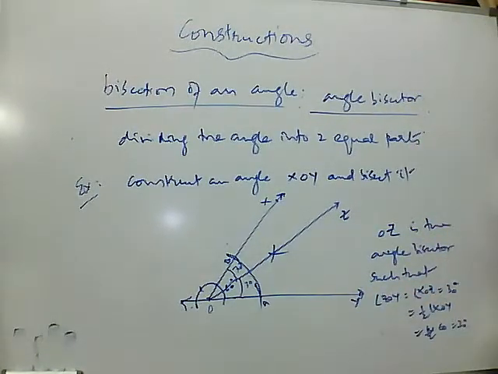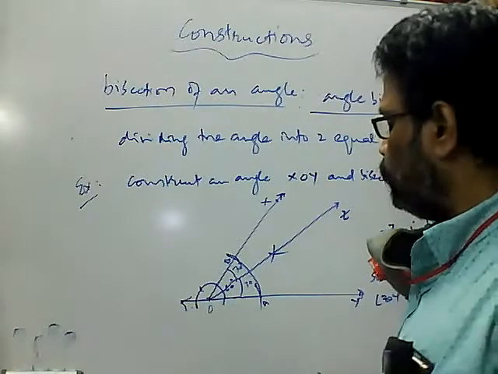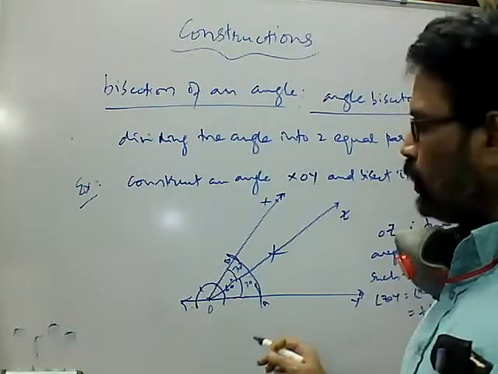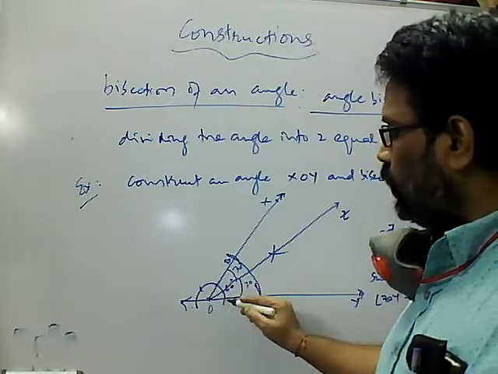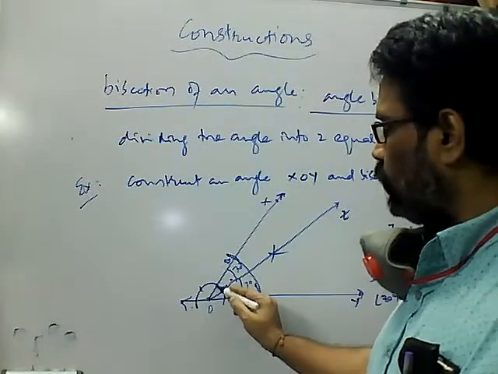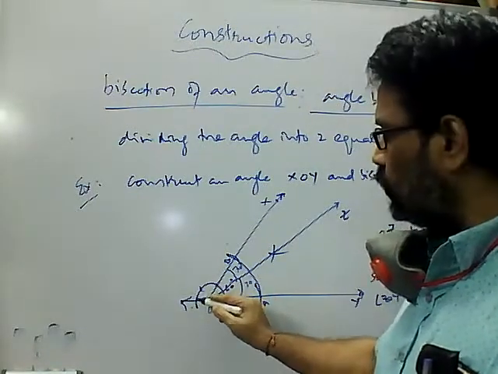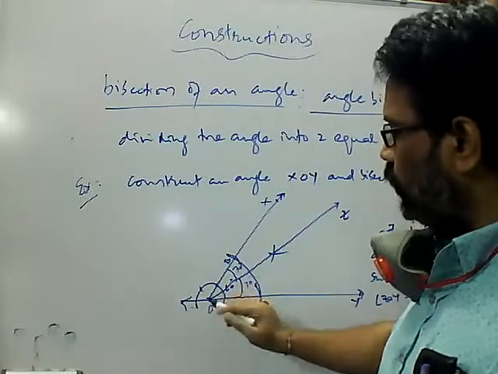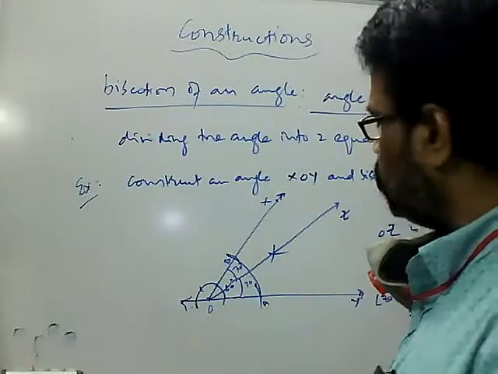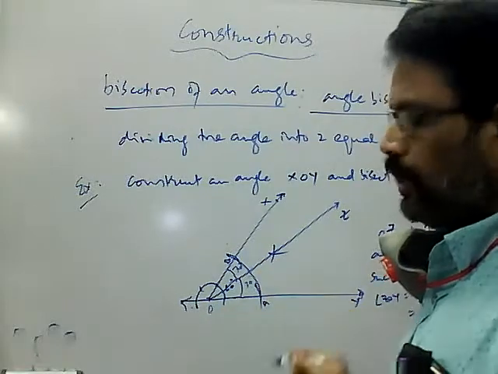Are you clear with the process, all of you? Once again I am telling you how to construct the angle bisector. First take a line and mark a point. To construct 60 degrees, take a semicircular arc and cut three equal parts: this is 60, this is 120, this is 180. Any radius you take, and through this you draw a line; you get the construction of a 60 degree angle XOY. Then you have to bisect it.